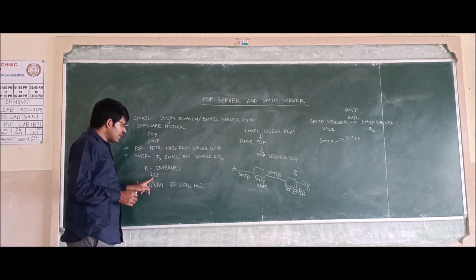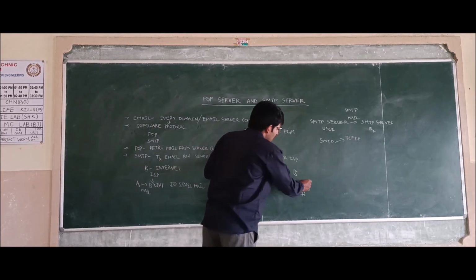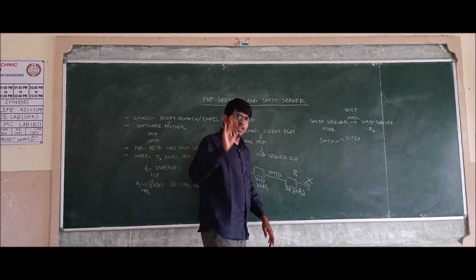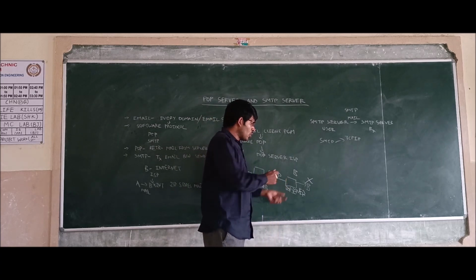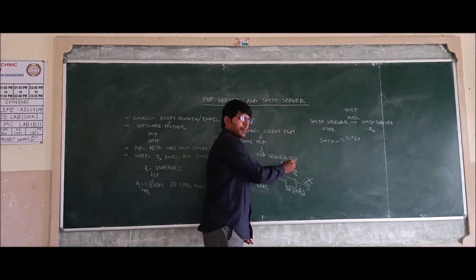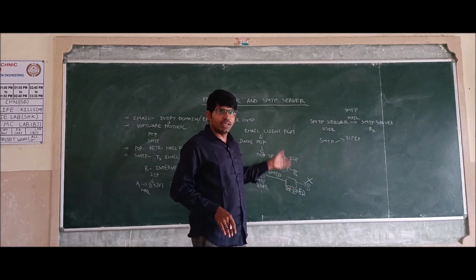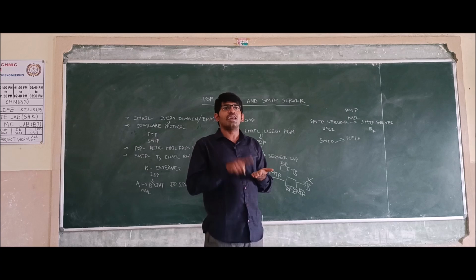By using the internet service provider, if B is not connected to the internet for 3 days, that information will be stored in the internet service provider of B. If that is Airtel, Airtel will store.